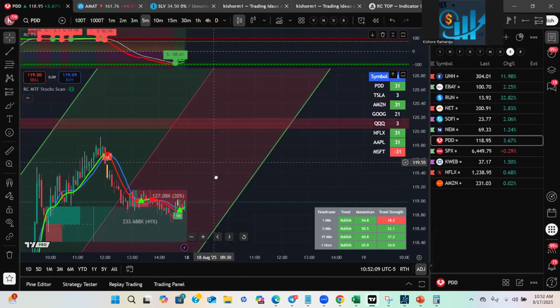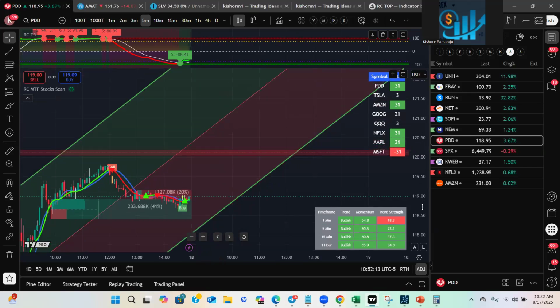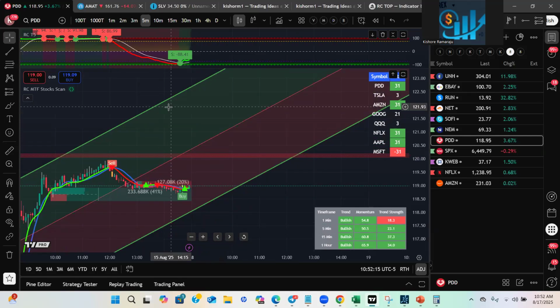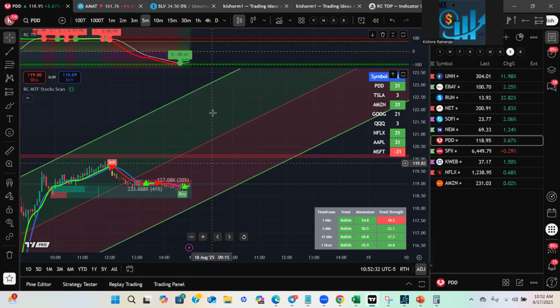Right? Or you feel like it may go break this, it may go until around 122. So you can buy 120 call, sell 122 call. So you are still a buyer. But the only thing you are doing is you think price will never keep going up, right? Very, very few scenarios it may be very, very bullish and it may go much further high.